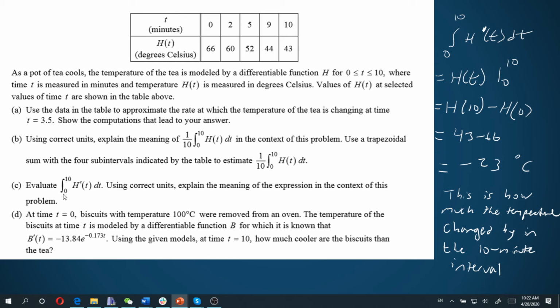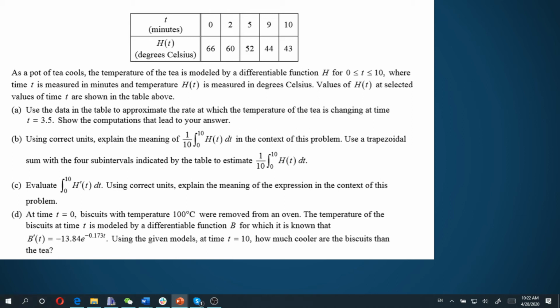If you integrate from 0 to 10 of our rate, when we integrate the rate, we'll end up with the amount. So when you integrate h prime t, you'll end up with just h of t. And then you'll plug in your upper bound and subtract your lower bound. This is your temperature at 10 minutes minus your temperature at 0 minutes. Will tell you your total change in temperature. No problem.